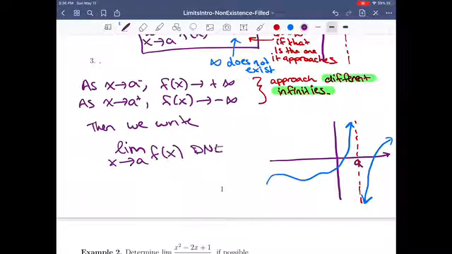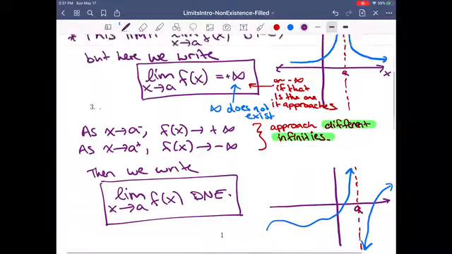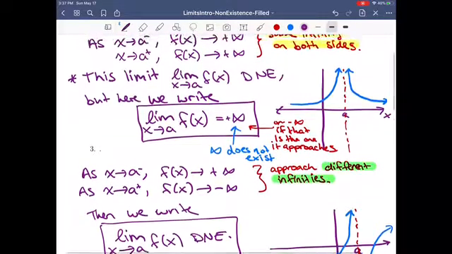So DNE. The reason why in number 2 we write it slightly differently is because they're going to the same place, and we want to be able to say that. Because they're both going to positive infinity, it's almost like they're the same. They're going to the same place, just that place doesn't exist.